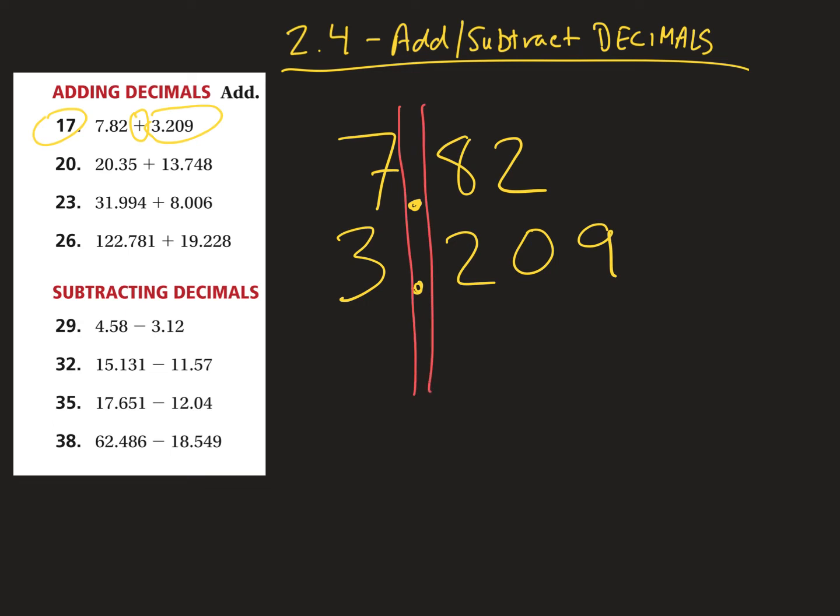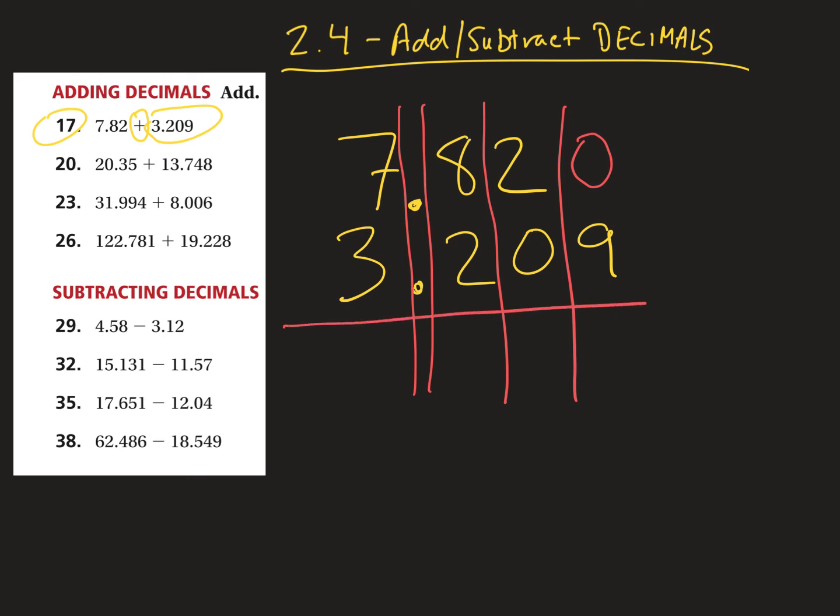So once we have the decimals lined up like that, that's great. But we're going to start noticing that there are some missing values, okay? For example, there's no number there. And so whenever there's a location without a number, you can just fill that in with 0. Okay, you don't have to in order to do the math right, but it'll probably just help your brain see it better.